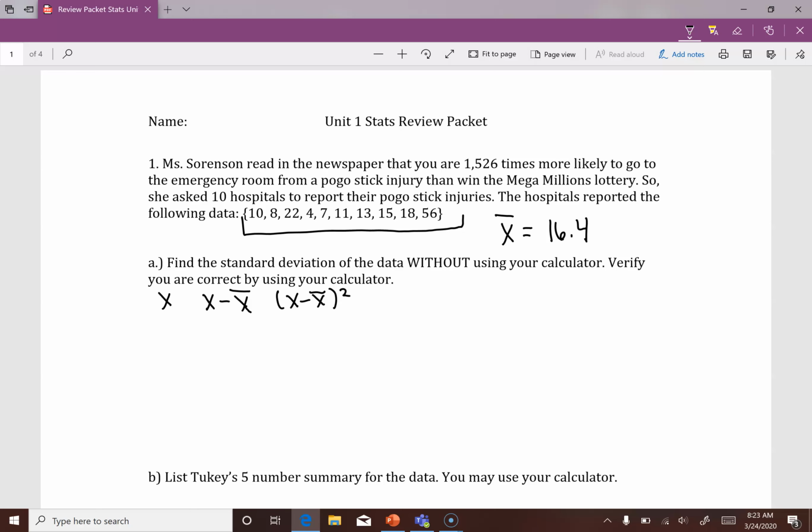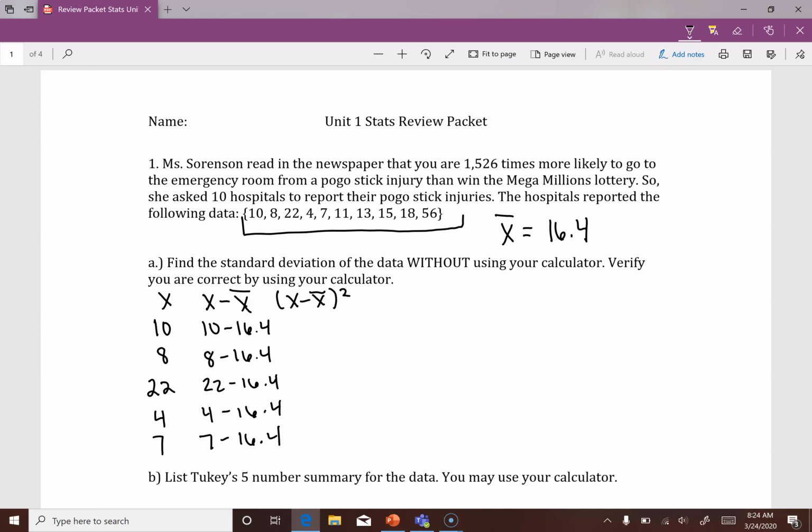So we've got an X value of 10, an X value of 8, 22, 4, and 7. Okay, so we'll have 10 minus 16.4, 8 minus 16.4, 22 minus 16.4, 4 minus 16.4, 7 minus 16.4.